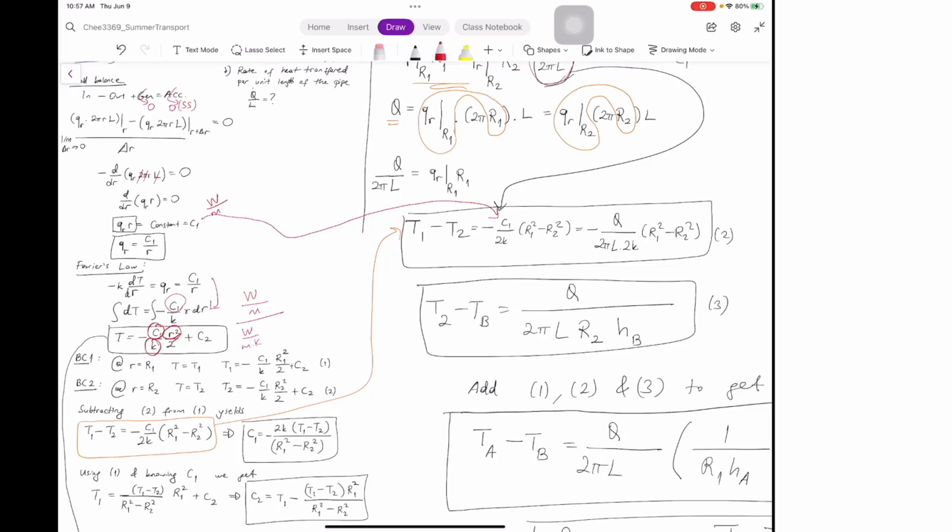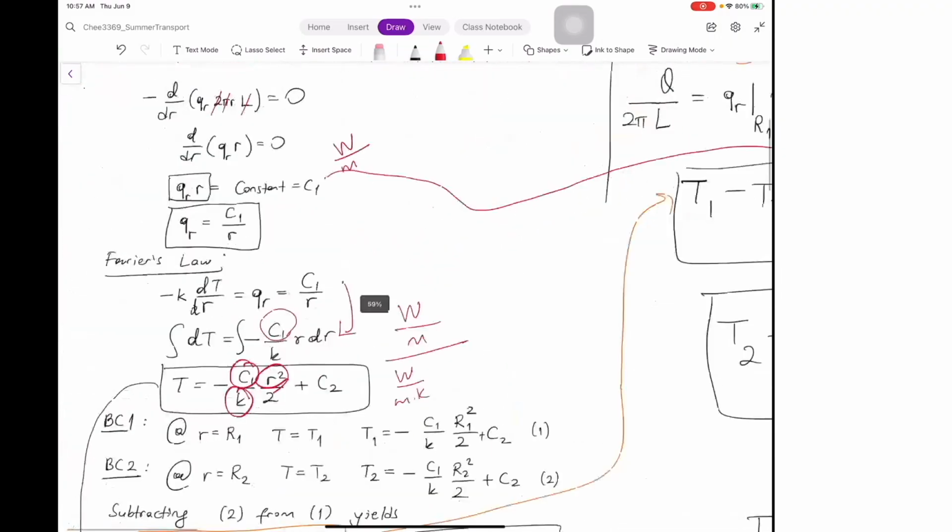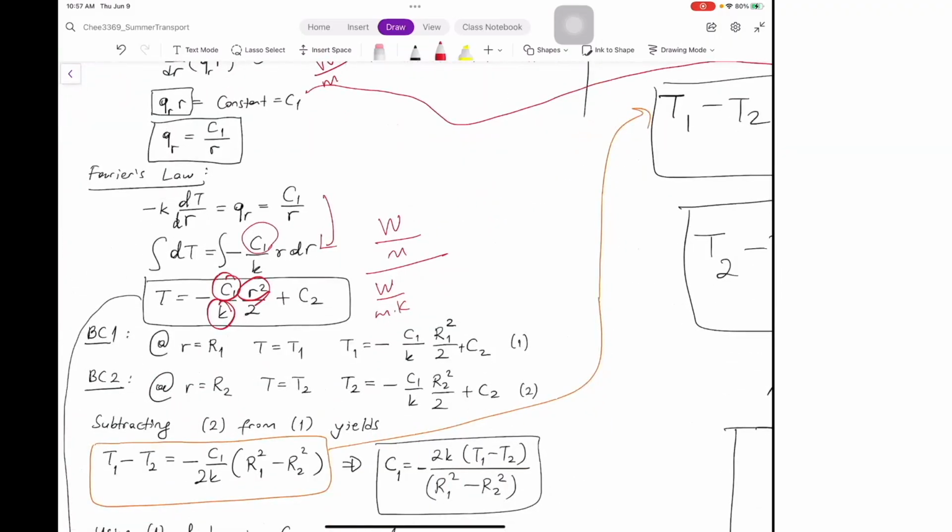Oh, you know what? That's okay. Nobody has warned me about this. Okay, so this is all wrong. Here, the temperature distribution, we don't have this. We have the logarithm, right?